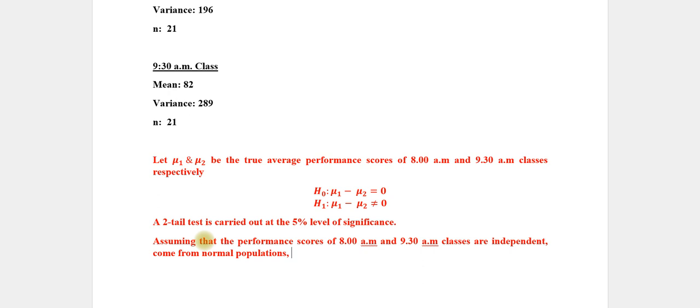Now you have S because you have two different normal populations, and that their population variances are equal under H note.